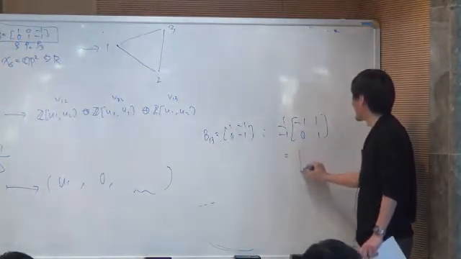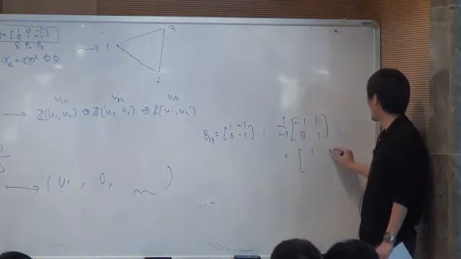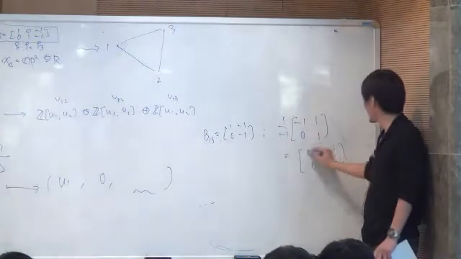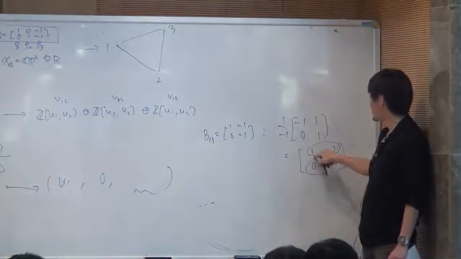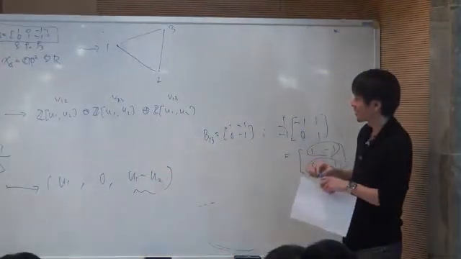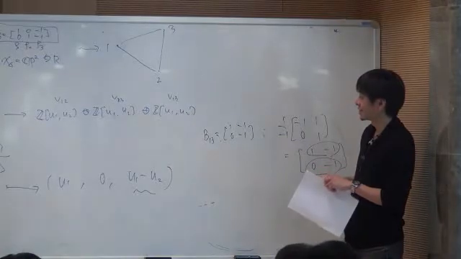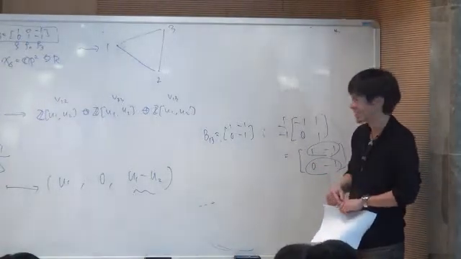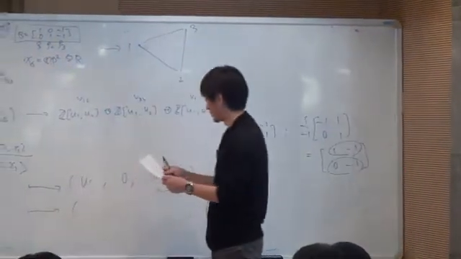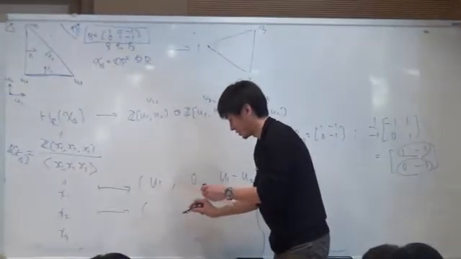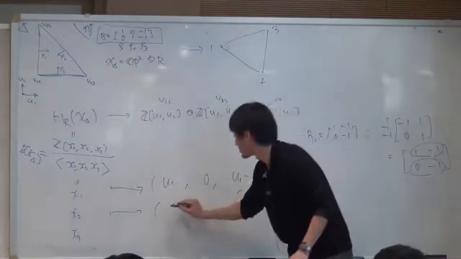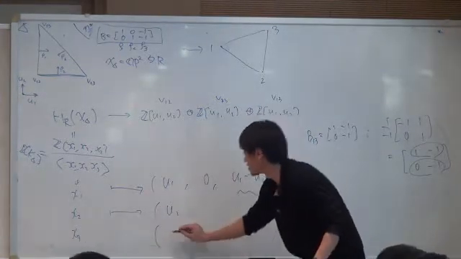Okay, so this is 1, minus 1, 0, minus 1. So this is u1 minus u2. So this is x1, u1 minus u2. Great. And the x2 goes to u2, and x3 goes to 0.